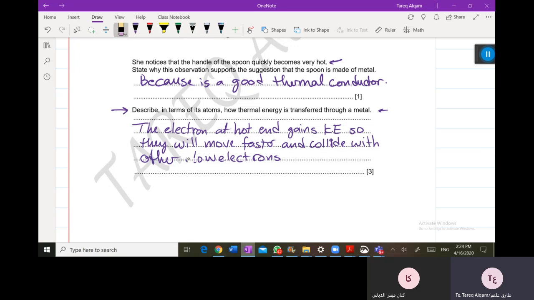Consequently, guys, as a result of that, the heat will transfer to other slow electrons. So part of this energy is transferred to these electrons during the collision, and so on, right?